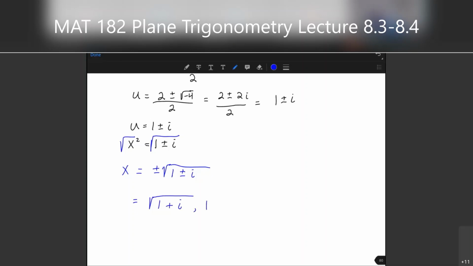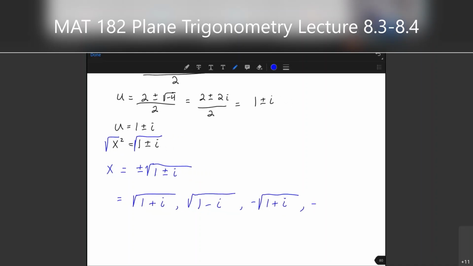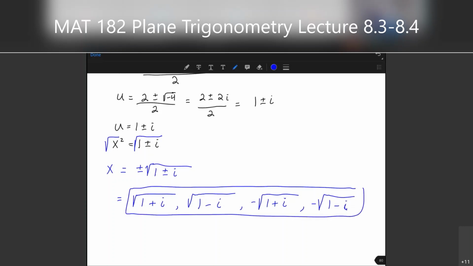We've got the square root of 1 minus i. That's a second solution that comes out of this. We could write this as negative square root of 1 plus i. And then the last combination would be negative negative, which is negative on the outside and negative on the inside. So those are all of the roots, 4 fourth roots, that we would get for the solution for that problem.